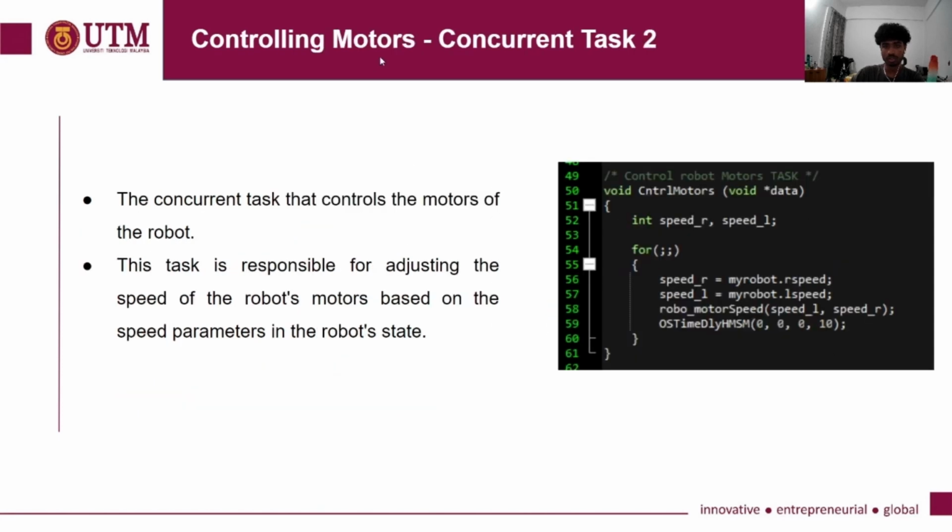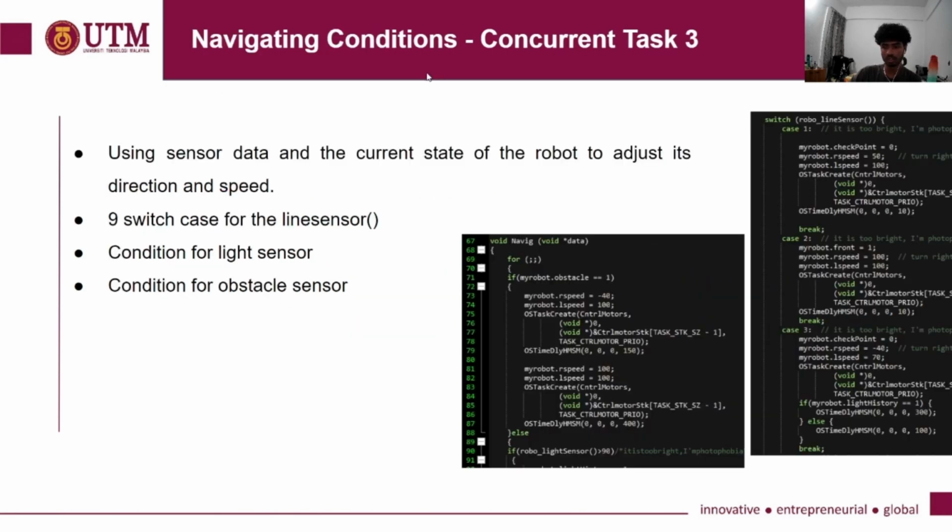Next, the control motors function. This task is responsible for adjusting the speed of the RoboCar based on the assigned value. And we have the navigation function, which is the main function in the code. This implementation uses concurrency. We take the data from the sensors, and the state of the robot is adjusted according to the given conditions.